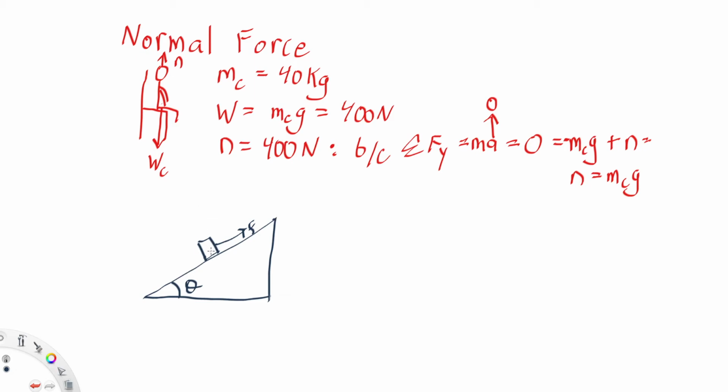There's some other forces involved. There's the mass of this object times gravity, which gives it weight. And because the ramp is not getting squished by our box, at least presumably not, there must be some normal force, right? And normal is a fancy word for perpendicular, right? So the normal force is normal to the surface, that is, it's perpendicular to the surface.